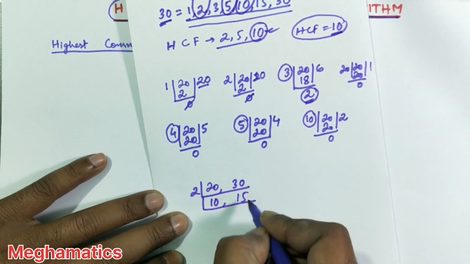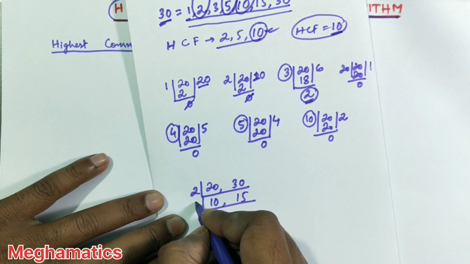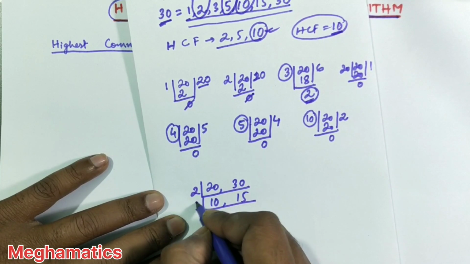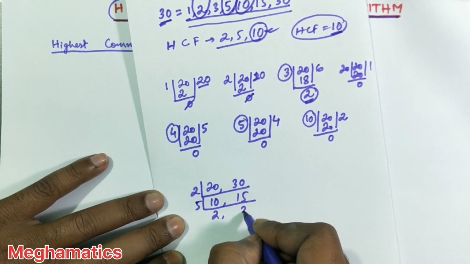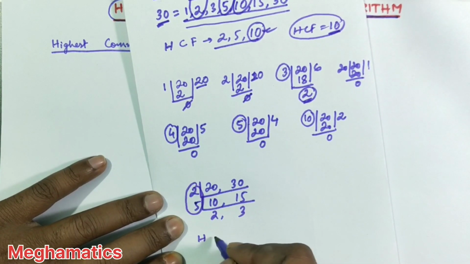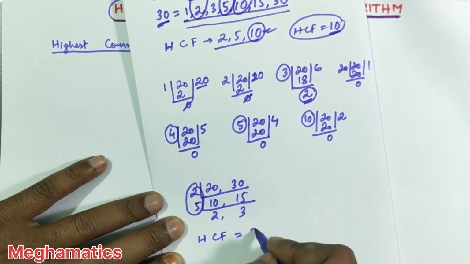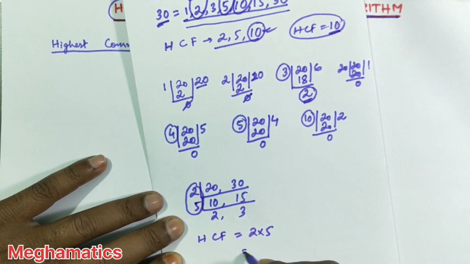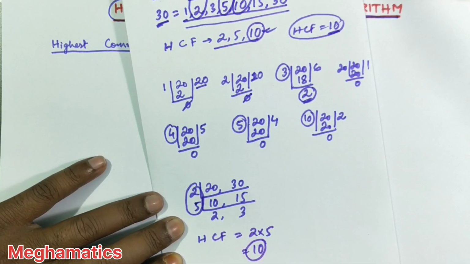So again we can divide with 5, so 2 times here, then 3 times. Since these are the common numbers, the HCF is 2 into 5 is equal to 10. So in this method also we are getting the HCF of 20 and 30 as 10.